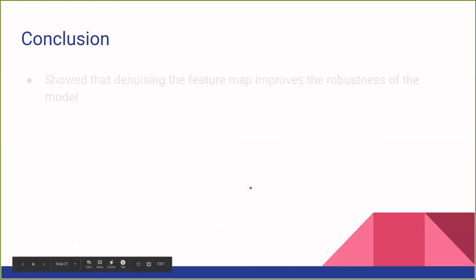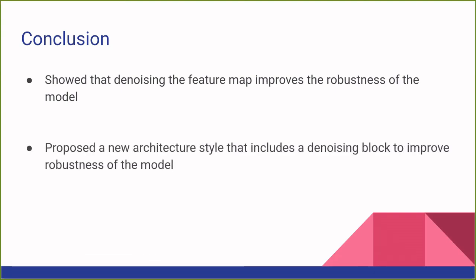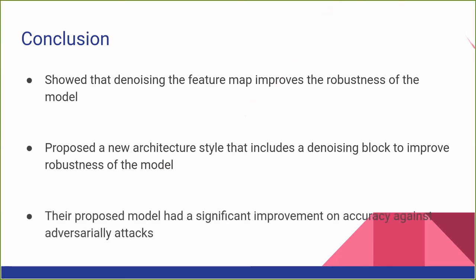So in conclusion, they show that denoising of the feature map will improve the robustness of the model. They propose a new architecture style that includes a denoising block to improve the robustness of the model. And their proposed model has significant improvement against adversarial attack.